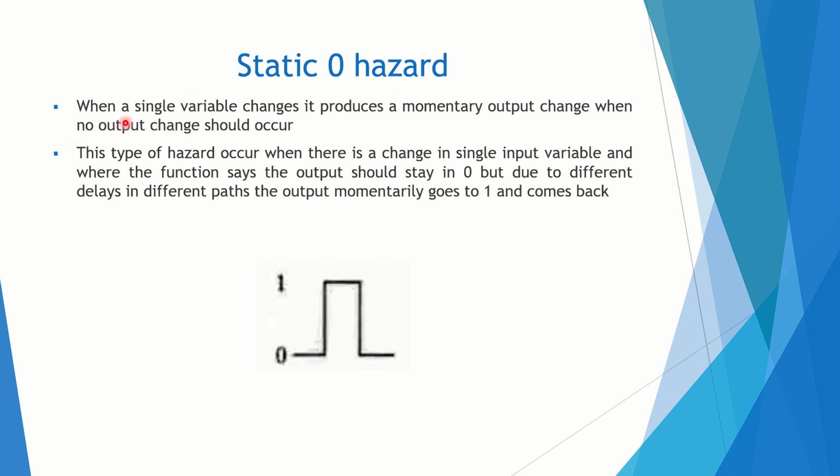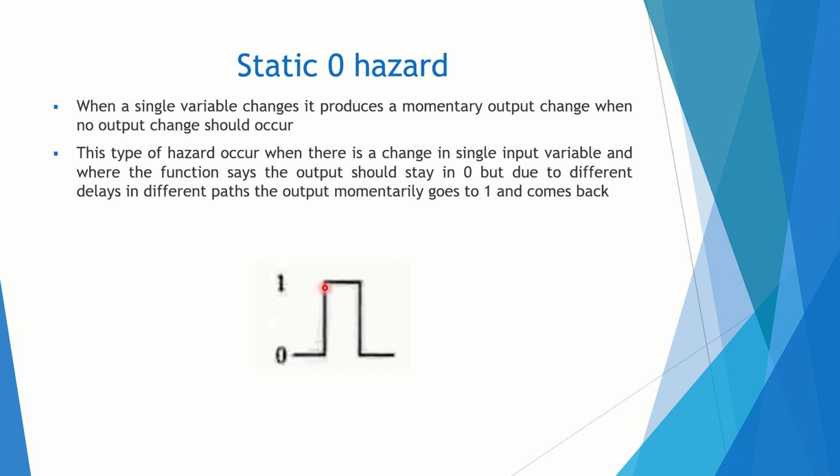When a single variable changes, it produces a momentary output change when no output change is expected. It's the same theory as static 1, but here the polarity is changed, the logic is changed. It is an inversion of the static 1 hazard. So where the output should remain at 0, it goes to logic 1 and then comes back when any of the input variables changes from 0 to 1.